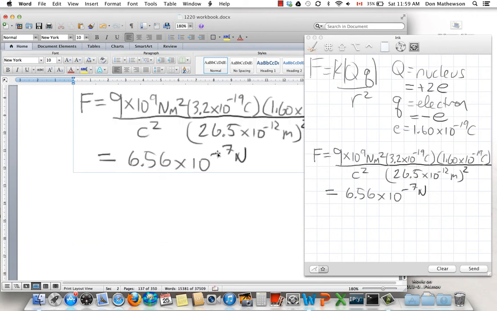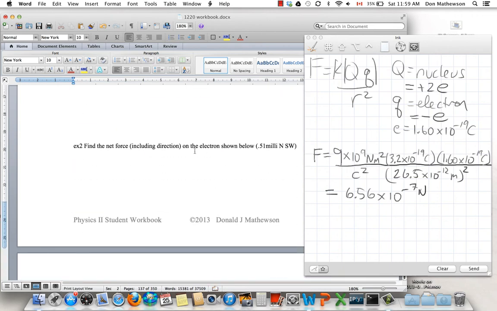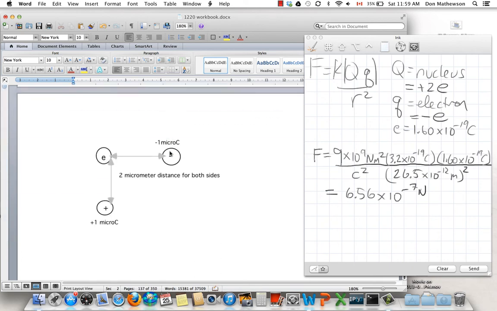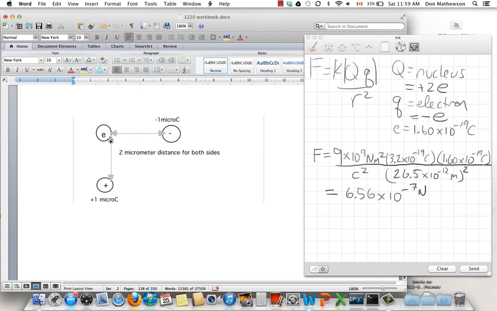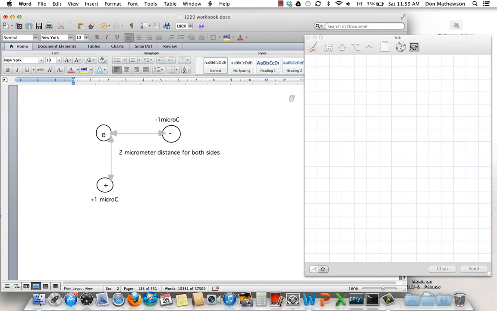Okay, another force problem. Let's find the force on the electron shown below. So here's an electron. That's a negative charge. And there's going to be two forces, one from this negative charge and one from this positive charge. So let's start with the force diagram.